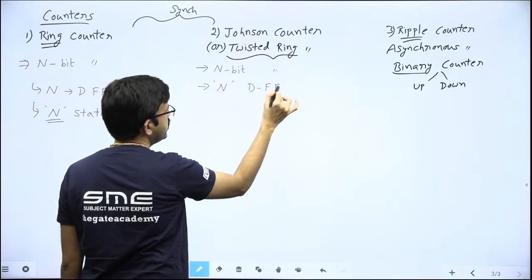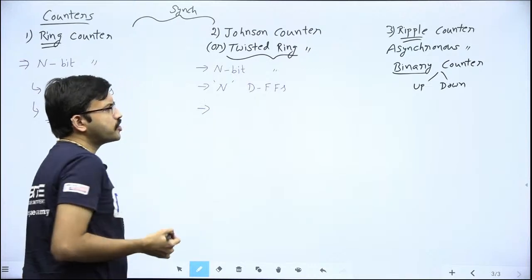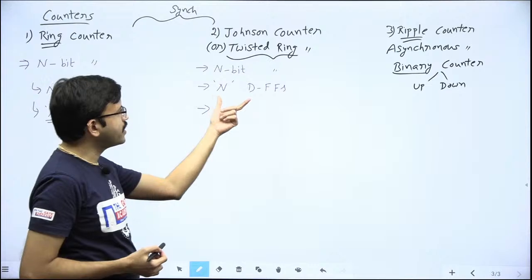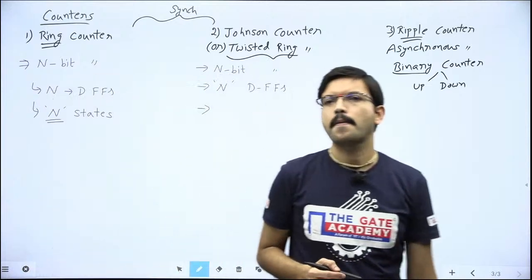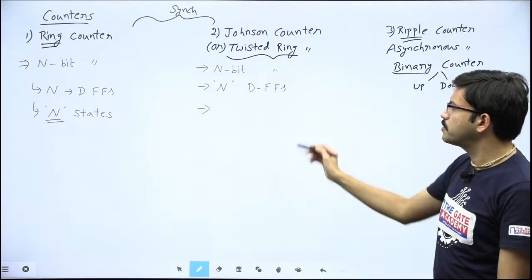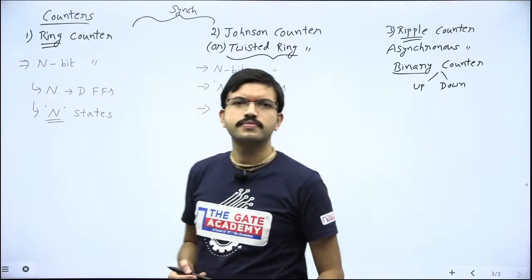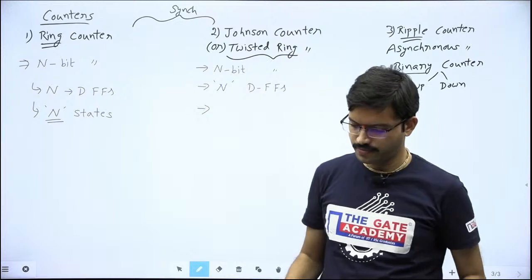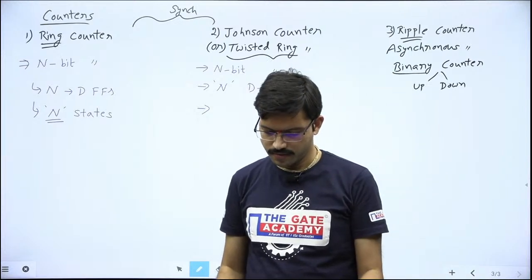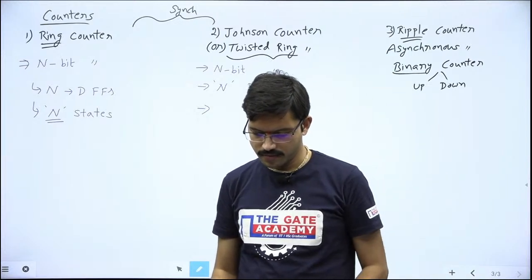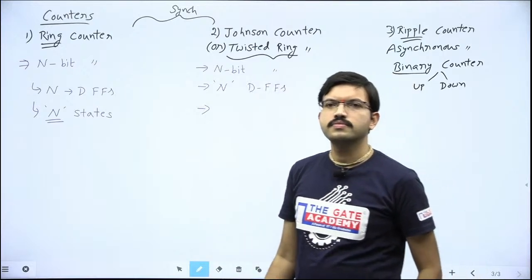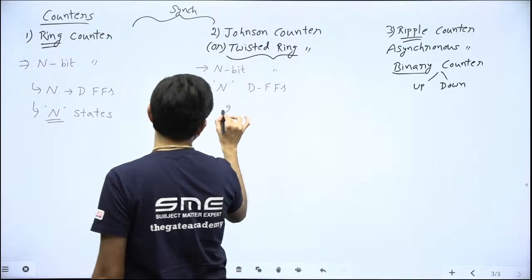but now can you guess what is the number of states you will get here in a Johnson counter when you are having n D flip-flops? Yeah, you will get 2n states, right?